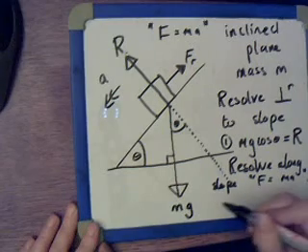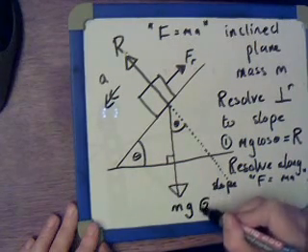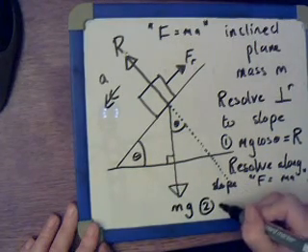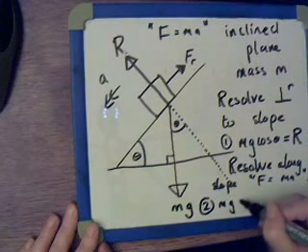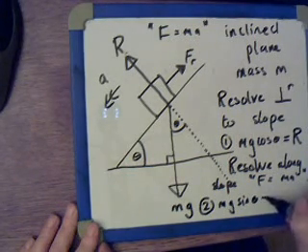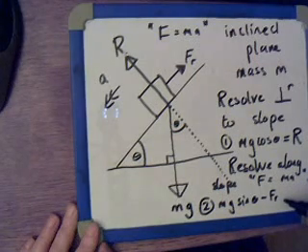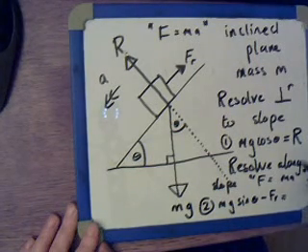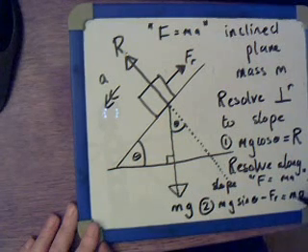So from this equation number 2, it will be mg sine theta minus friction must be equal to the mass of the block m times the acceleration.